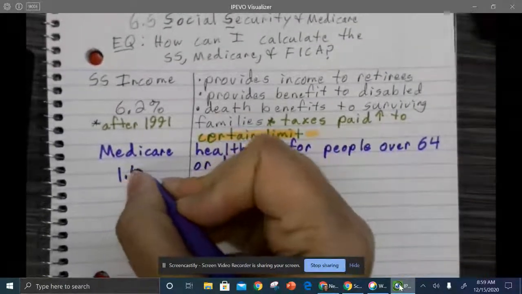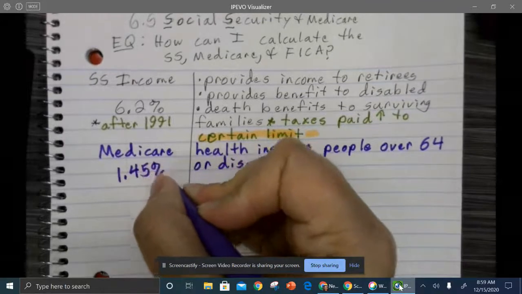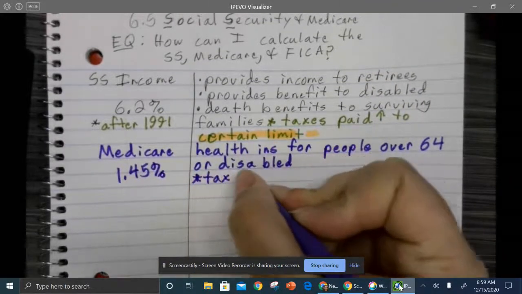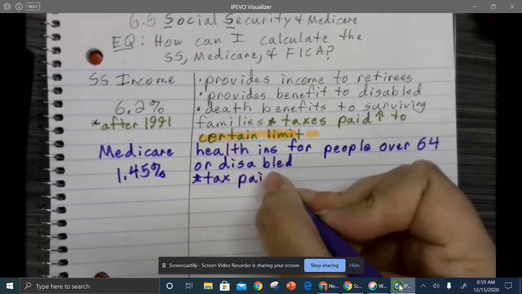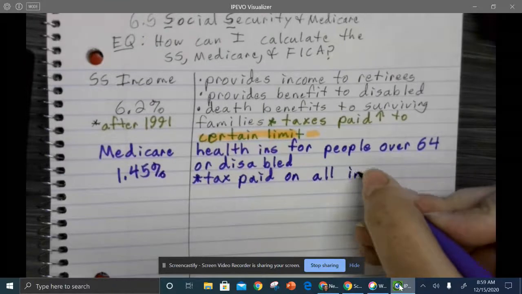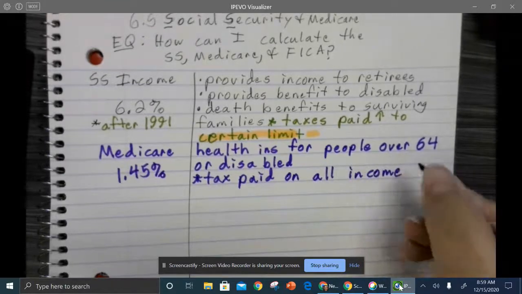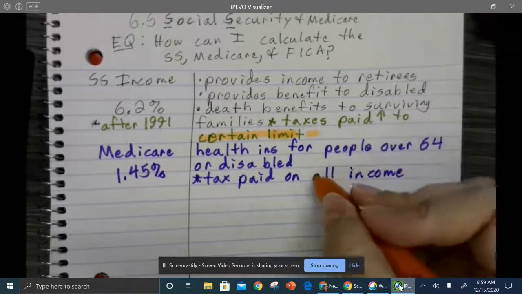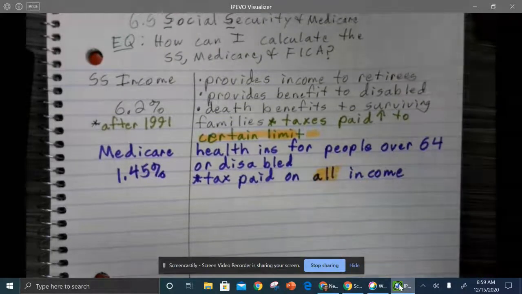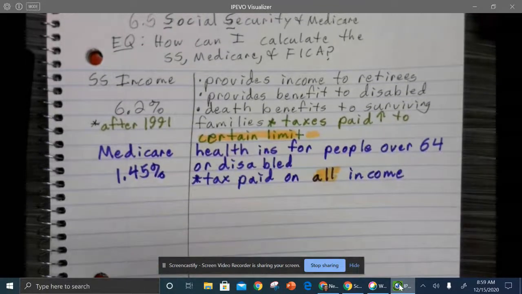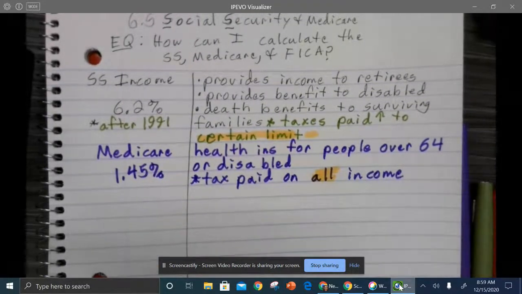The rate is 1.45%. Okay. The tax is paid on all the income. So there is no limit with Medicare. Okay, there is a limit with Social Security, and there is not for that one.